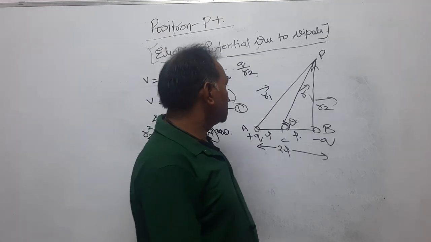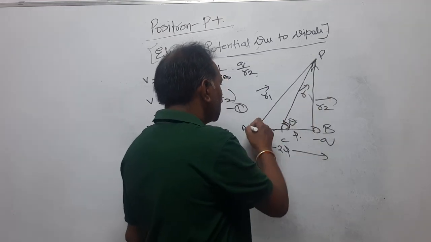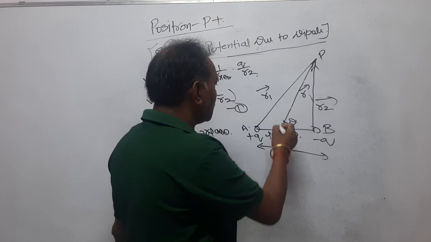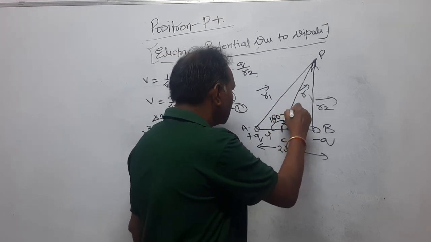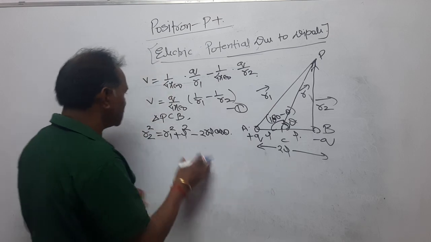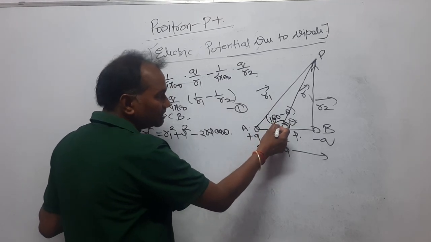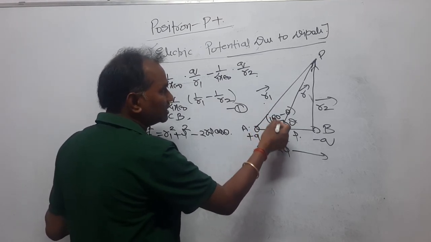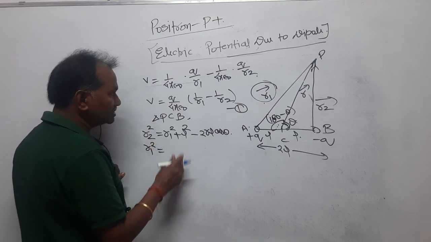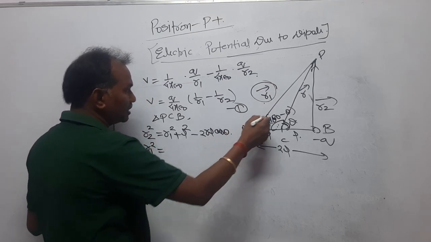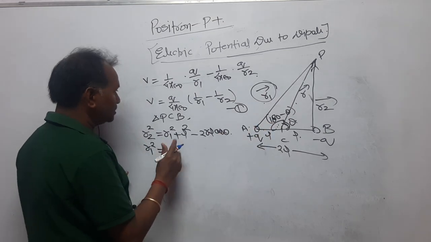Now look here, in this triangle, this angle is obtuse and it is 180 minus theta. What becomes this law? The side opposite to this angle is this, so R1 square equals R square plus L square.